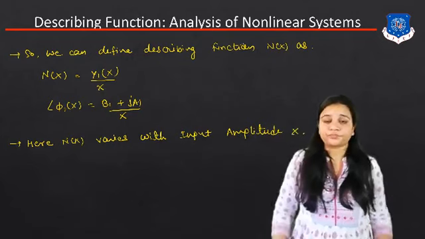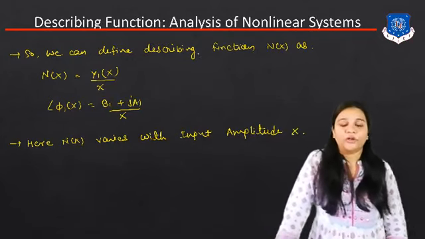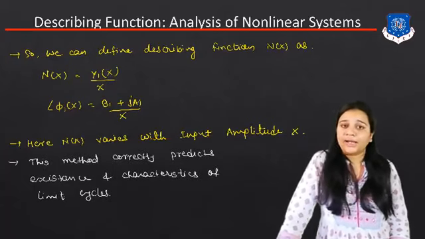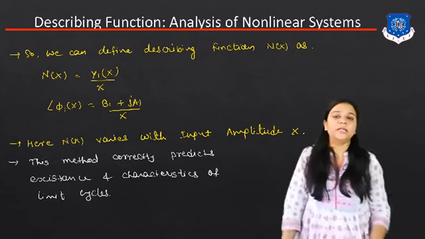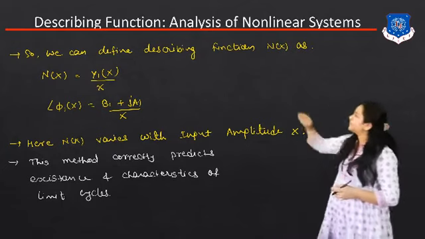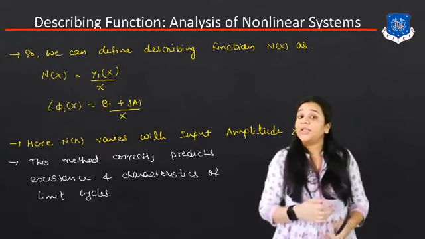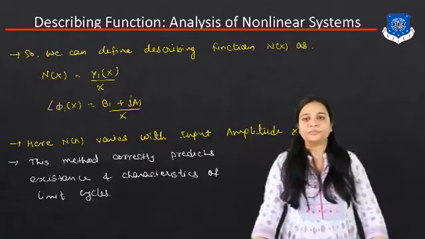So as I described, the nonlinear system depends on the amplitude of the input signal. This method correctly predicts the existence and the characteristics of the limit cycle. So using this describing function analysis, we can find out the characteristics of the particular limit cycle. Clear?